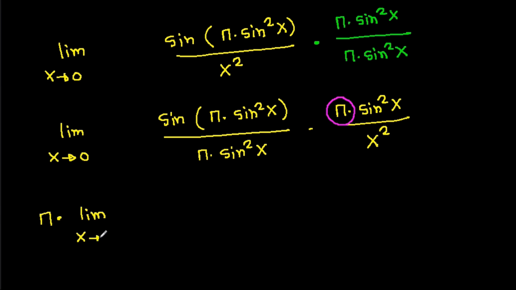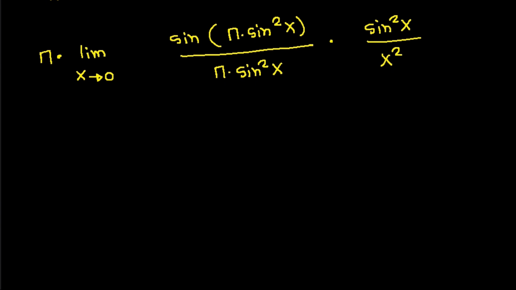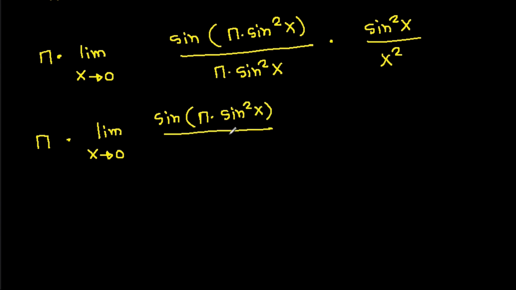It is the limit as x tends to 0 of sin(π sin² x) over π sin² x times sin² x over x², and it is π times the limit as x tends to 0 of sin(π sin² x) over π sin² x times the limit as x tends to 0 of sin² x over x².